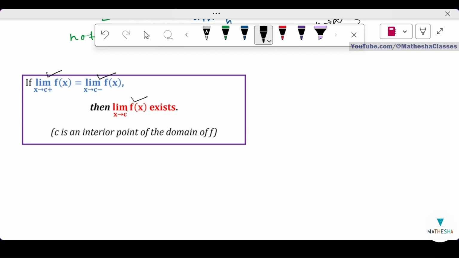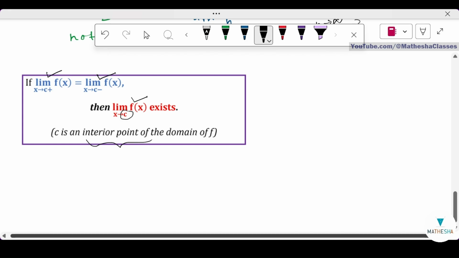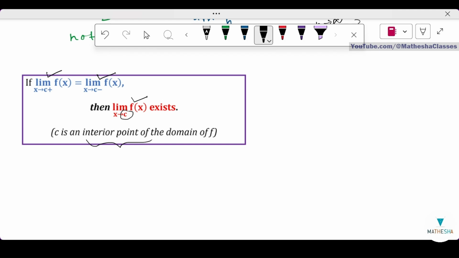So if the point is C, which is an interior point of the domain of f, then limit will exist at that point of a function if left hand limit and right hand limit are equal at that point.